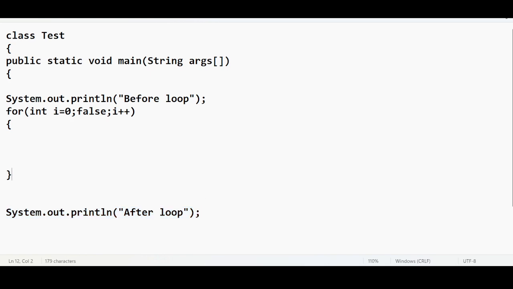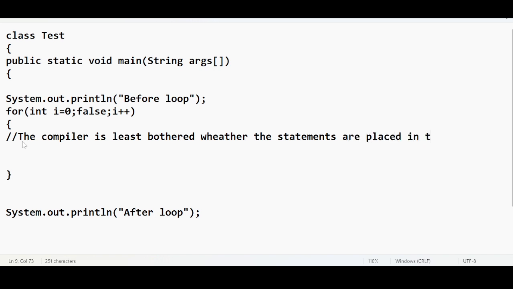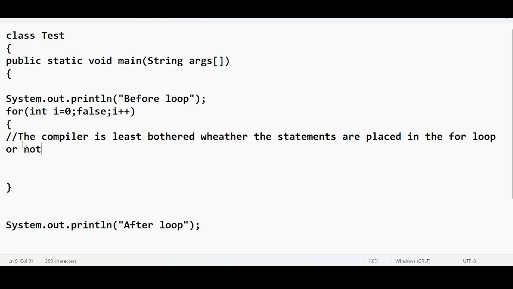But the problem here is that the job of the compiler is to check only till here. The compiler is least bothered whether the statements are placed in the for loop or not, if the constant expression is false.